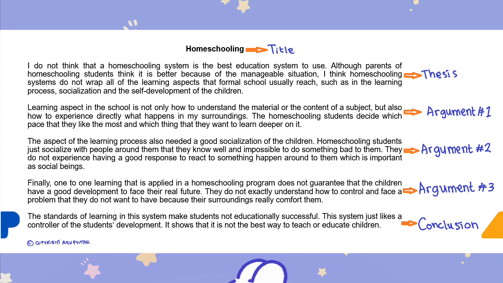They do not exactly understand how to control and face a problem that they do not want to have, because their surroundings really comfort them. So, this text has three arguments, in the second, third, and fourth paragraphs.